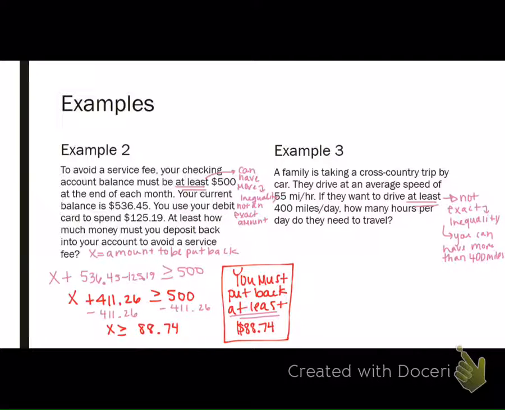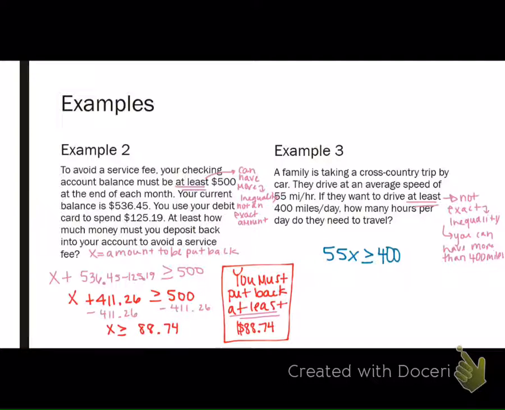Okay, so what is the inequality we should write up here? So we want to travel 400 miles or more is what this is saying.